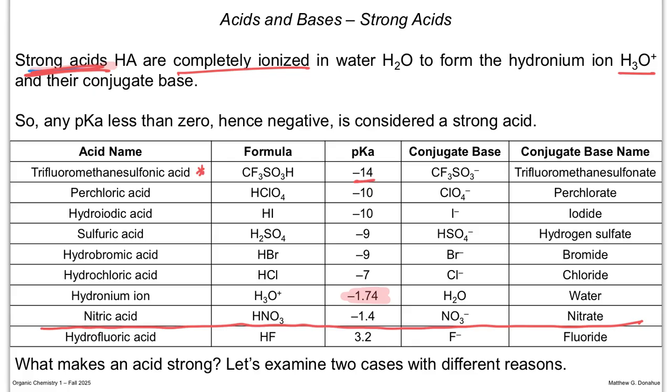So I think we're going to look at the trifluoromethane sulfonic acid, because that's our bracket at -14, the most acidic. Maybe let me just draw that out here real quick.